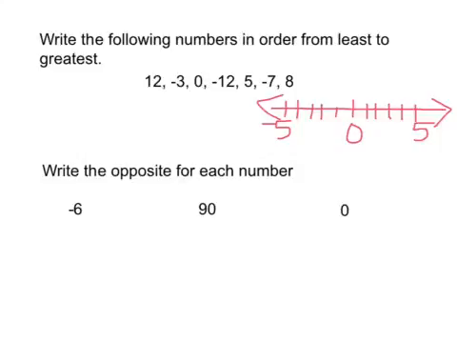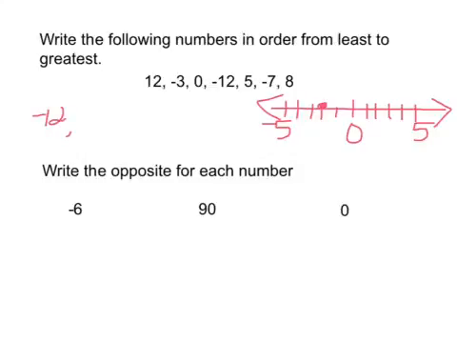So looking here, we're going to try to find the smallest number. The smallest number is going to be the number that is furthest to the left. So 12 would be way over on the right side. -3, that's on the left side. 0's in the middle, 0's still bigger. -12 and -7. The smallest value here is -12.